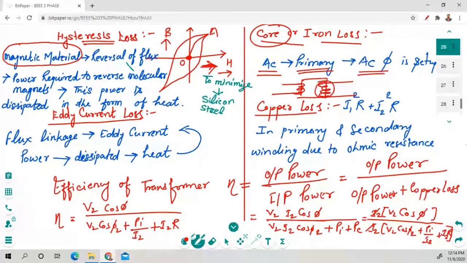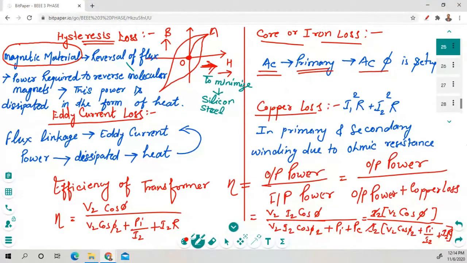Inside this there is an iron material. So when any loss occurs in the core with the help of this iron material, that loss is called core or iron loss. Understood? Write in the chat box.